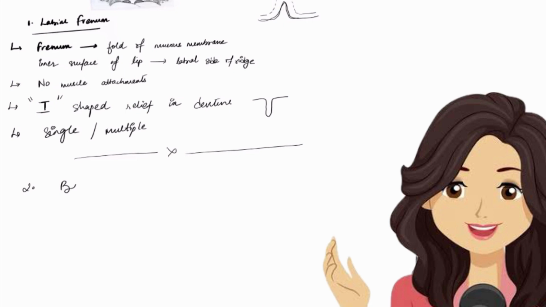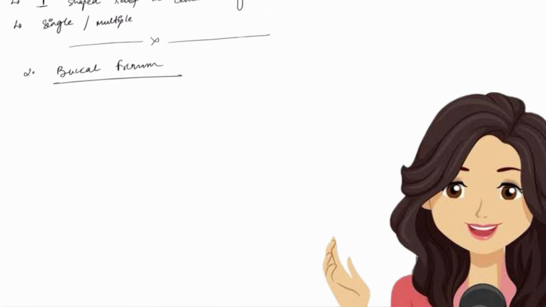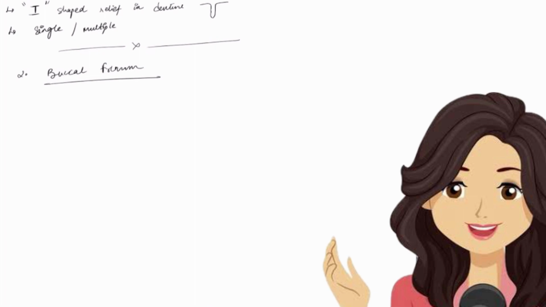Second limiting structure, if we discuss the second frenum, is your buccal frenum. Now, this is a very important frenum. Again, the meaning of frenum is the same. It is a fold of mucous membrane. Where does it extend from? From the buccal mucous membrane to the slope or the crest of the residual ridge on the buccal aspect, on the aspect of the cheeks.